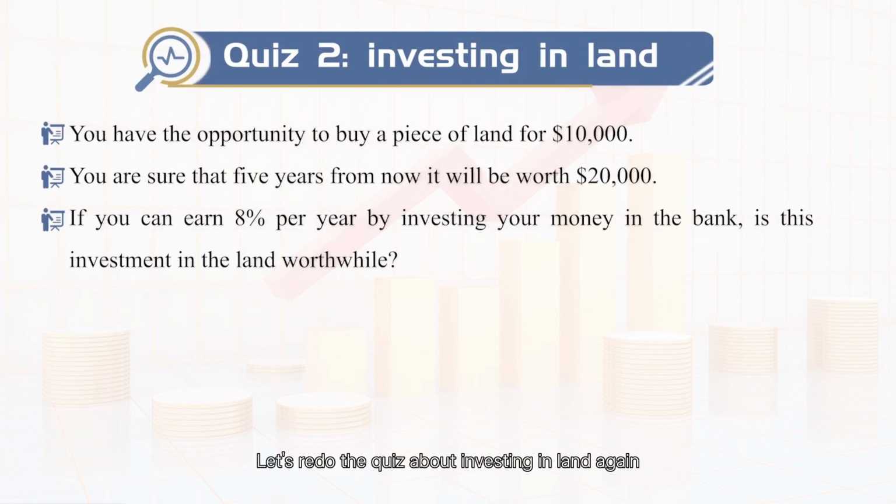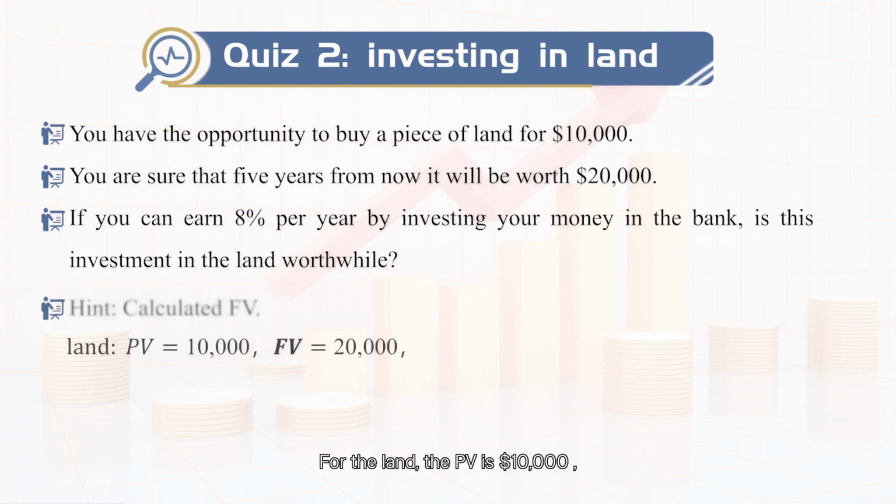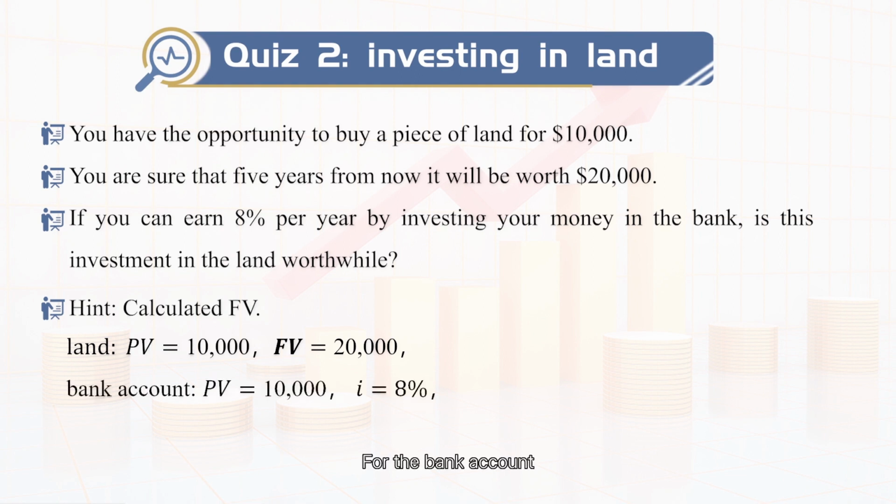Let's redo the quiz about investing in land again. For the land, the PV is $10,000, FV is $20,000. For the bank account, the PV is also $10,000, I is 8%, N is 5.